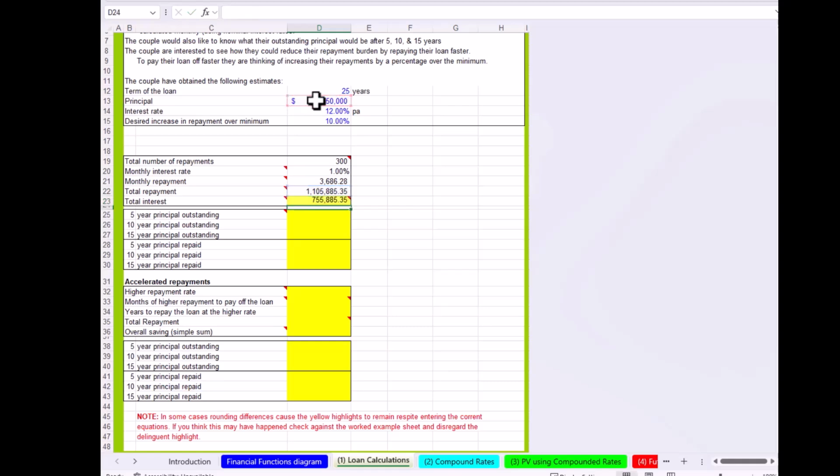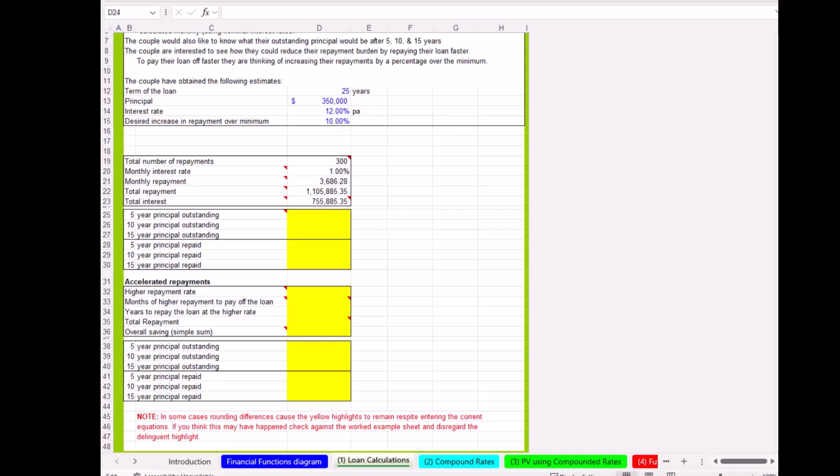And so with that 25-year loan, I've repaid about $1.1 million. $750,000 has been in interest, and $350,000 is the actual repayment. So that is, we're paying back roughly about 2 times the actual principal in interest, or 1/3 of my repayments actually turns up as repaying the loan itself.